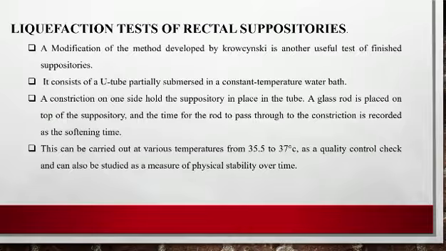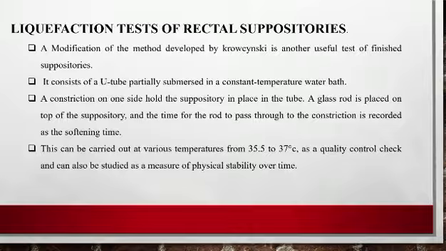When the U-tube is immersed in the constant temperature water bath, the suppositories melt slowly with the help of the temperature, and when melted, the glass rod moves through the constriction. We have to note the time. That time period is known as the softening time.